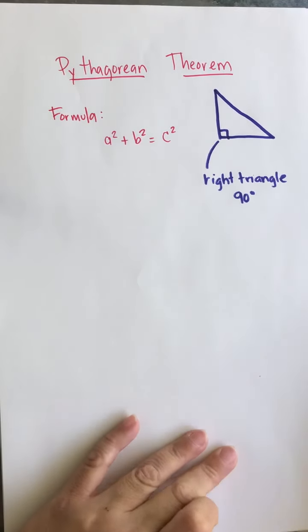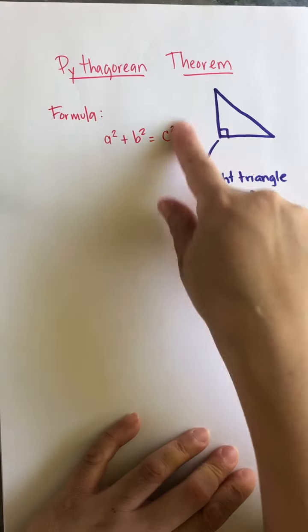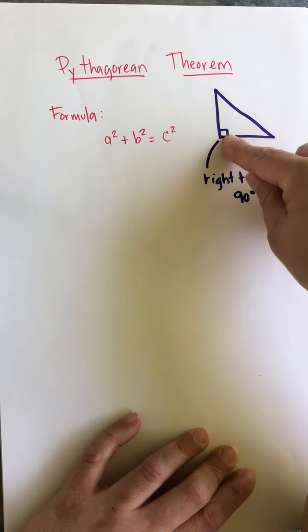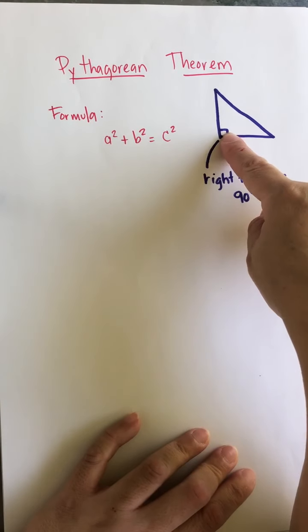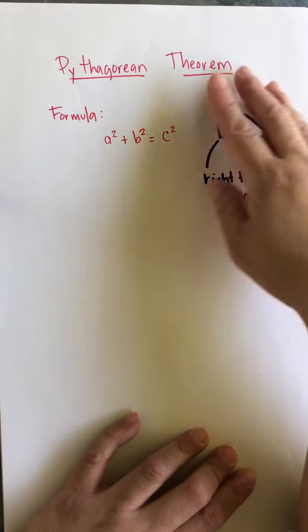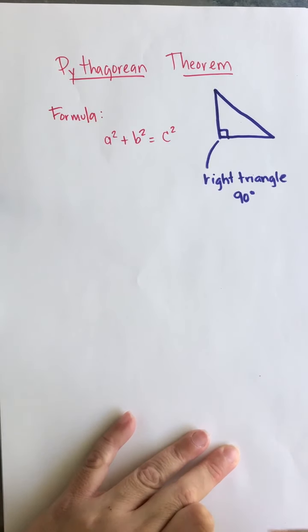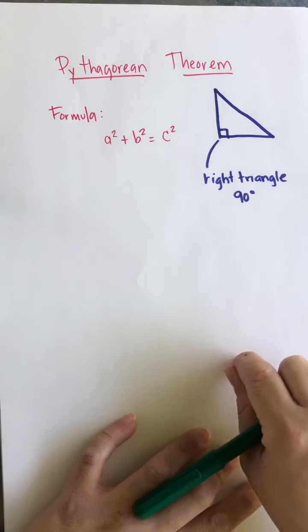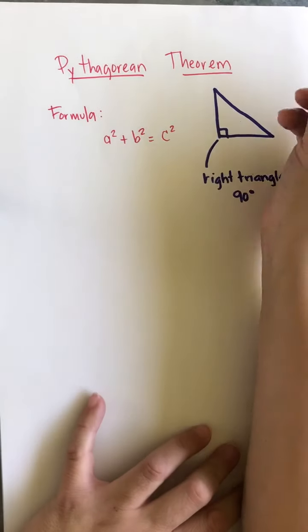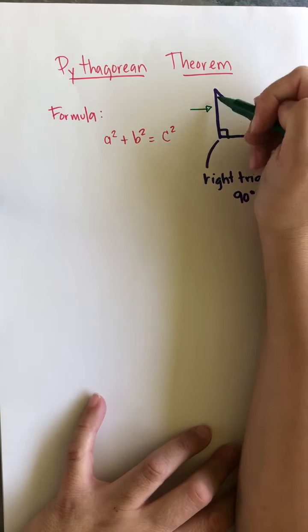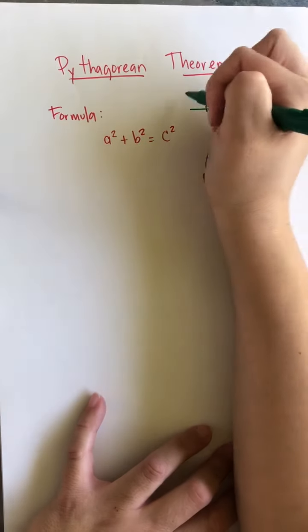Okay. But in the Pythagorean theorem, you have a couple things that the right triangle indicates. First of all, sometimes this little square is not there, but you can still see that it's a 90-degree angle. But you have other things that we can label. First of all, we can label the sides. These sides here, this one where the right angle is, this is a leg.